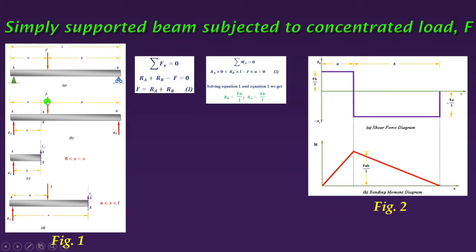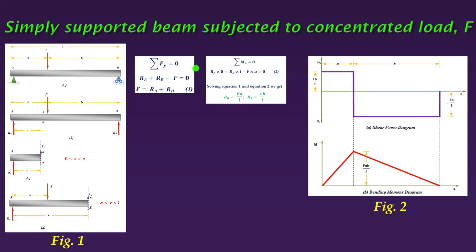Under the action of this F force, the beam can rotate in clockwise direction about A. So it is opposite to the previous direction, which was anti-clockwise. As we have assumed anti-clockwise is positive, this clockwise rotation is negative. So minus FA is the moment.